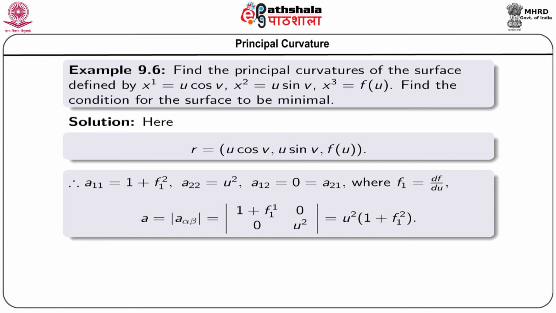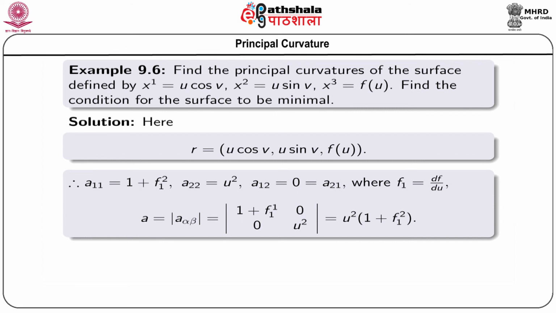In the same way, we can find A11 equals 1 plus f square, A22 is u square, A12 equals 0, that means the curvilinear coordinate system is orthogonal for this type of surface, where f1 is df/du, because f is a function of a single variable.